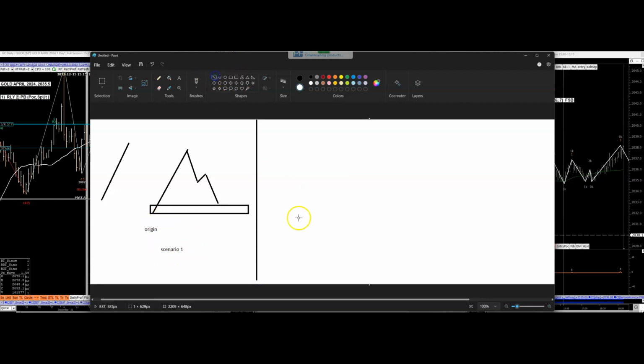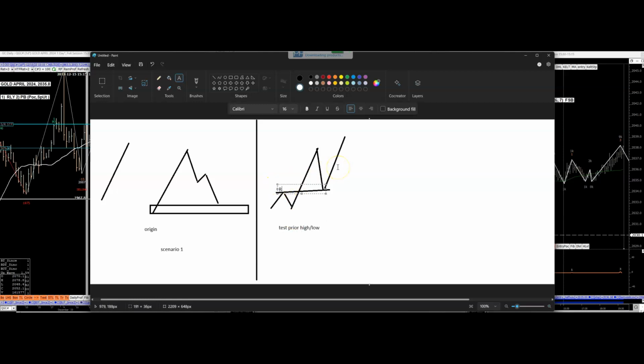Scenario 2 is that the market goes and does this retracement and goes down into a test of the prior high or low, where support becomes resistance, resistance becomes support.